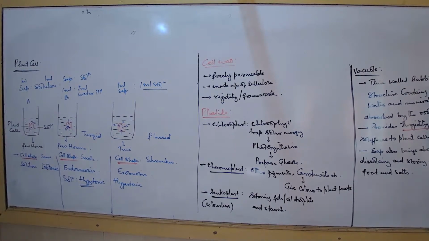Can you now write the definition of hypertonic if you have understood hypotonic? What will the definition be? Speak first. A solution which has higher concentration of solute and lower concentration of water as compared to the cell.